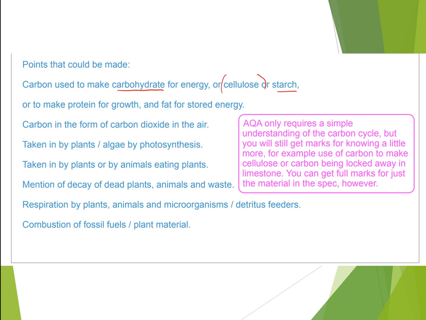Most people generally don't mention the cellulose, so if you can start to include that, that would be brilliant. Cellulose is required to help make the cell walls of plants. Carbon's also used, okay, to make protein for growth, and also fat for stored energy. So don't forget to mention those.